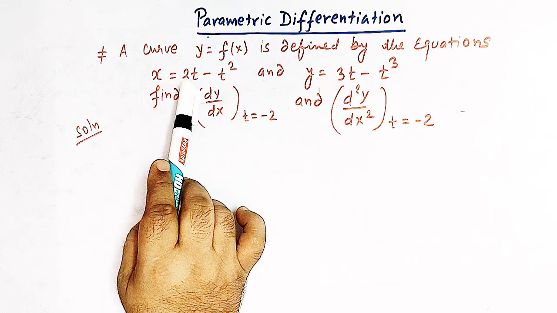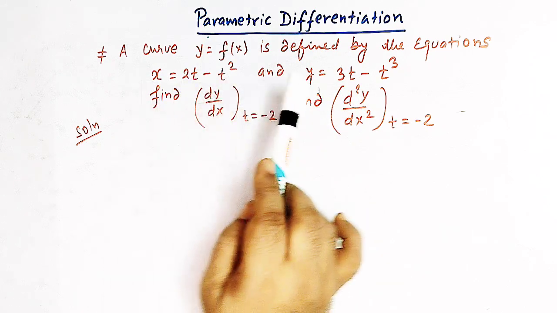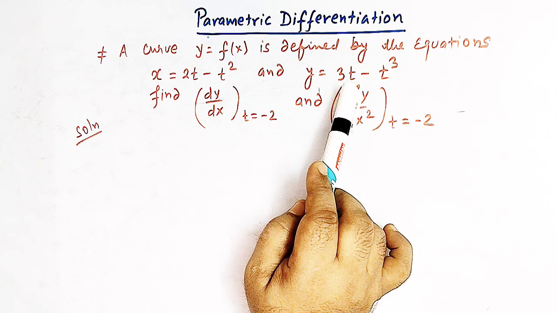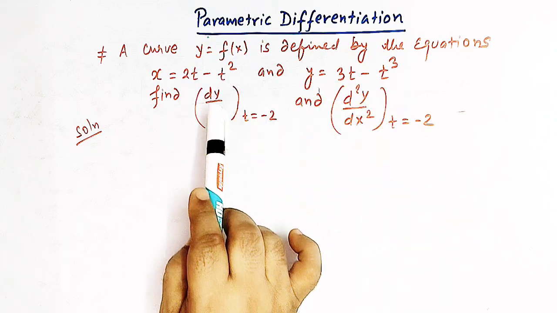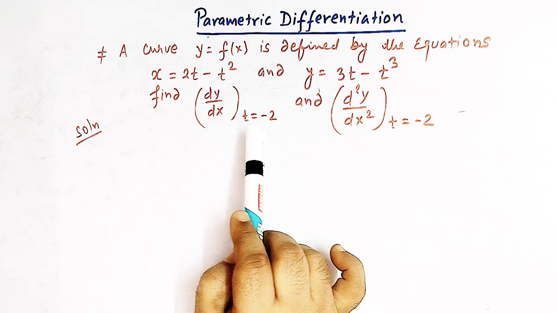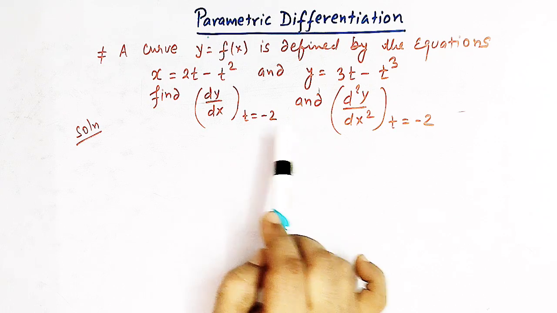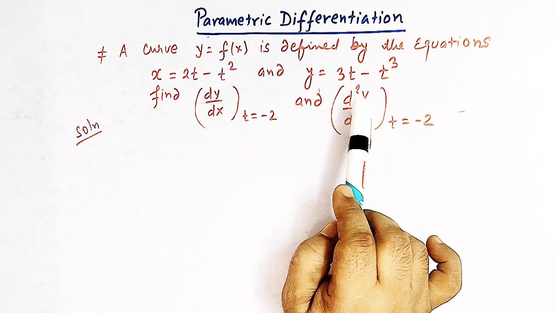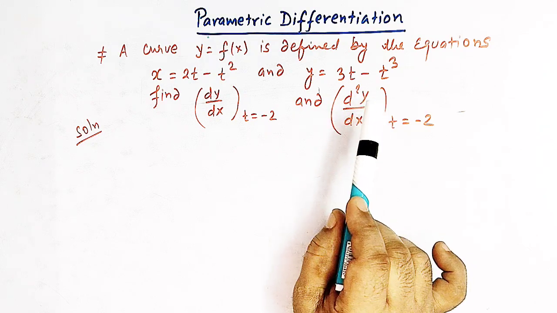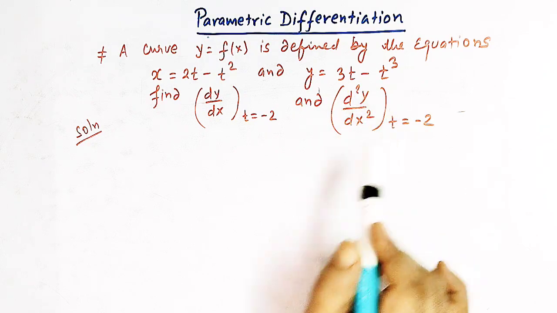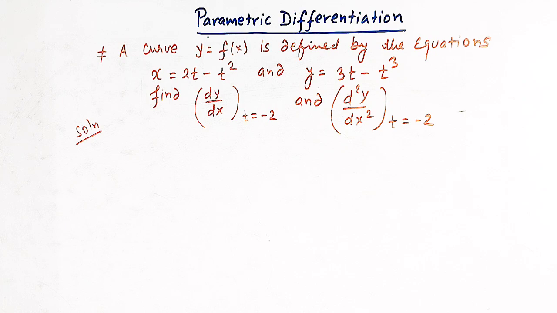So x is equal to 2t minus t square, and y is equal to 3t minus t cube. And we have to find dy over dx when t is equal to minus 2, and the second derivative of y with respect to x, that is d2y over dx2 at t is equal to minus 2, right?